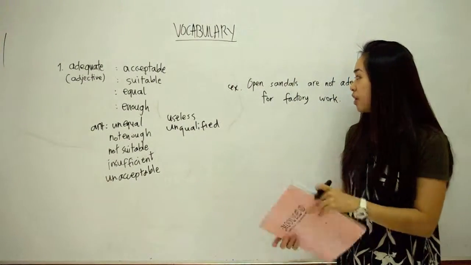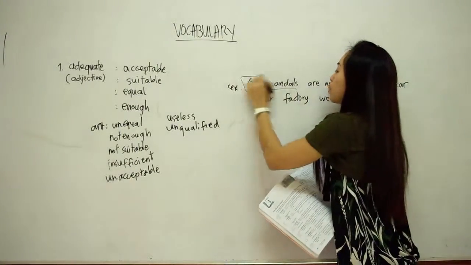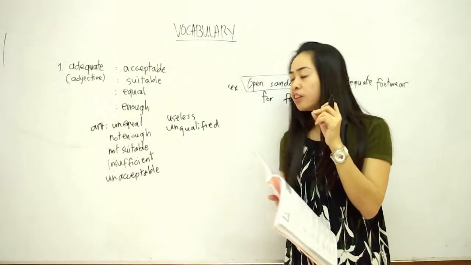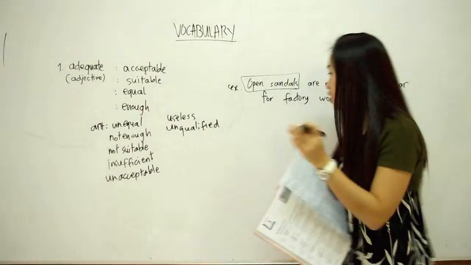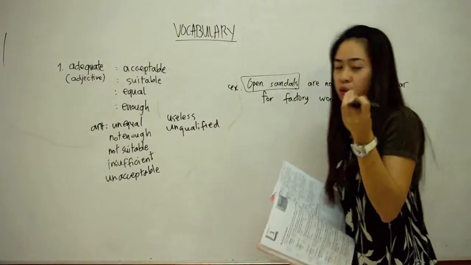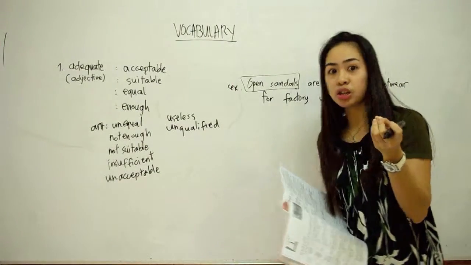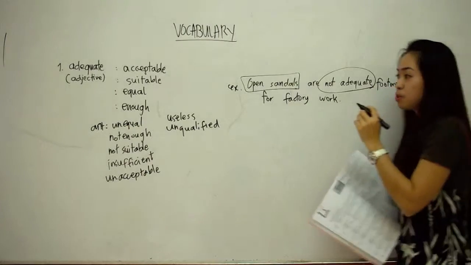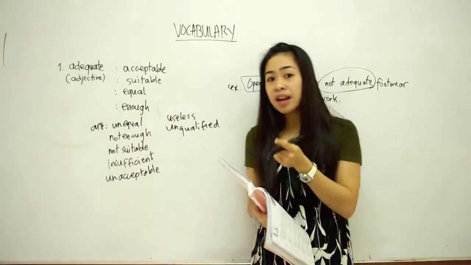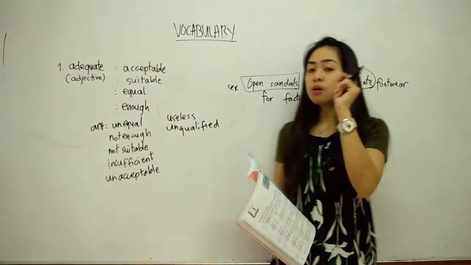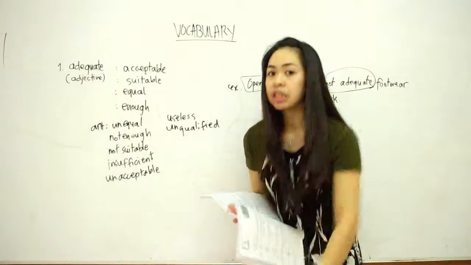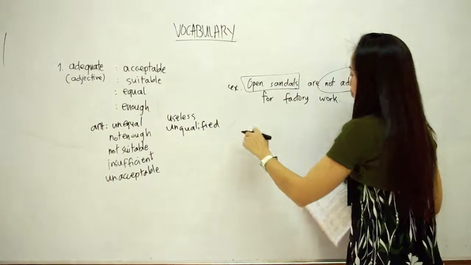So it means here that when we say open sandals, your feet are not protected, because it's a factory work, so something should protect your feet, right? So here it is not adequate. Meaning it's not appropriate to wear open sandals once you work in a factory because it might be dangerous for your feet.